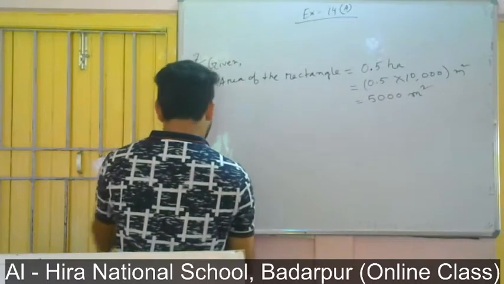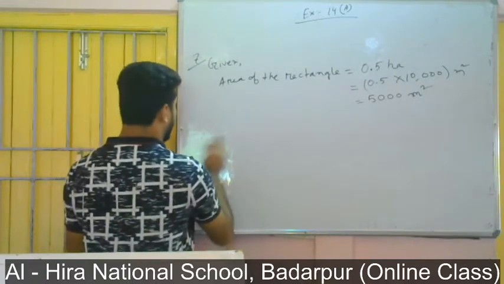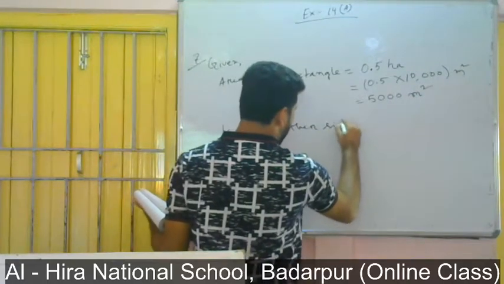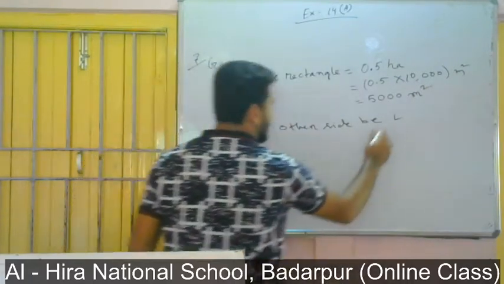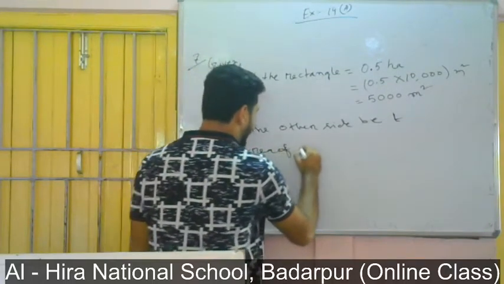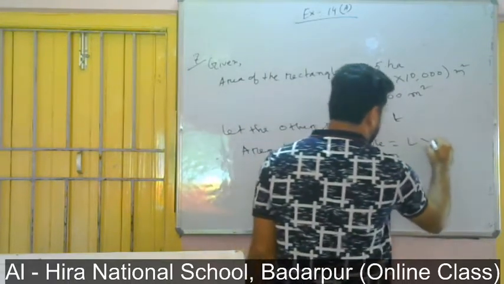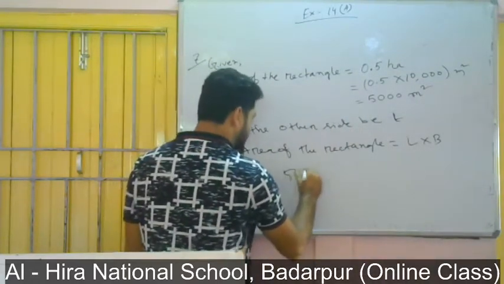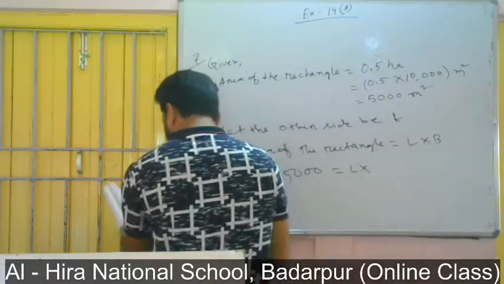So write: therefore, let the other side be L. Therefore, area of the rectangle equals length into breadth. So in place of area I can write 5,000, and L we have to find.